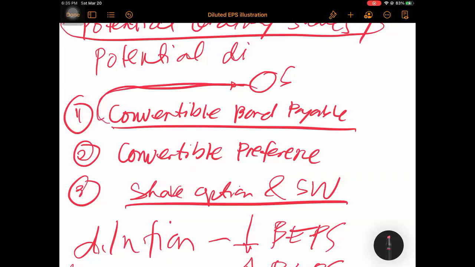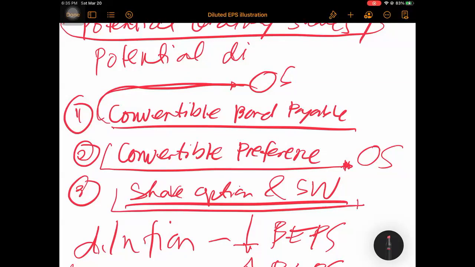Same with convertible preference shares, we assume that these convertible preference shares as if it was converted into ordinary shares. And same with share options and warrants, we assume that in computing the diluted earnings per share, these options and warrants are exercised by the shareholders or the employees.